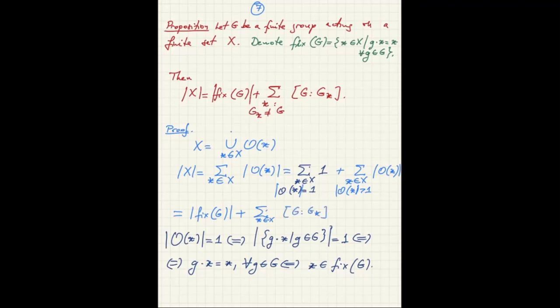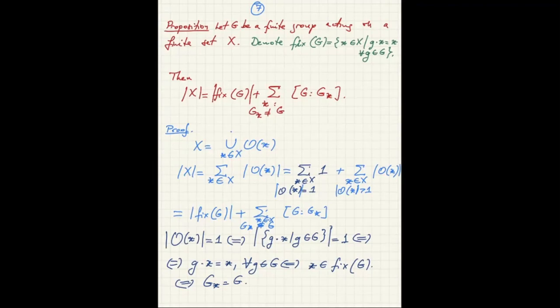And here, because the orbit has cardinality bigger than 1, the stabilizer of x is a proper subgroup, so it doesn't equal G. And here we also see that x is in Fix(G) if and only if the stabilizer of x equals G.